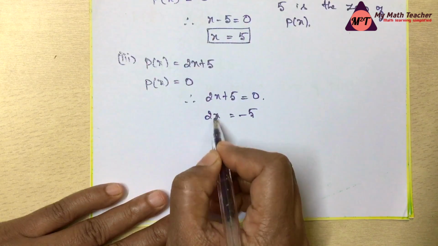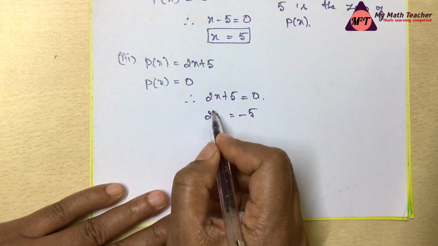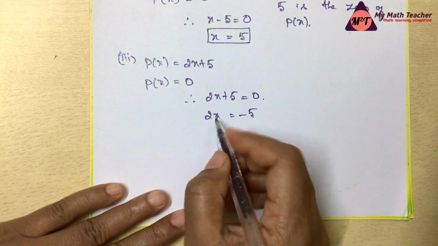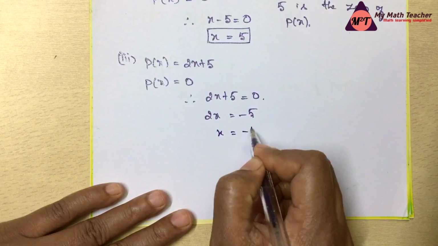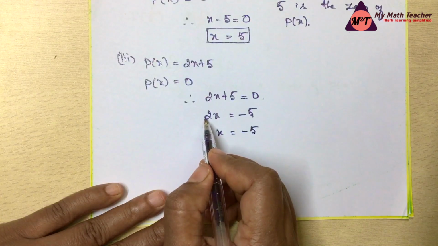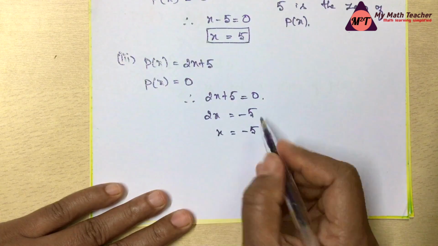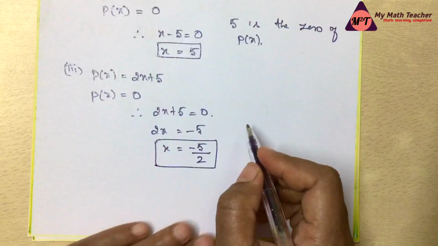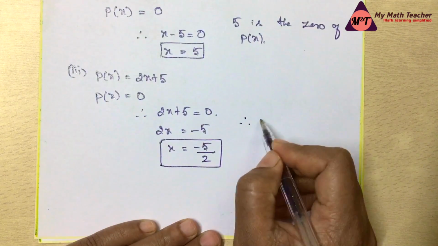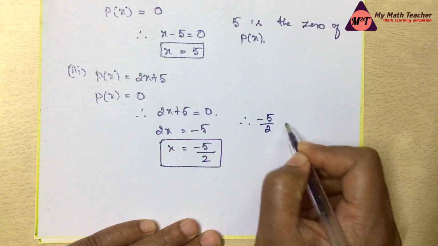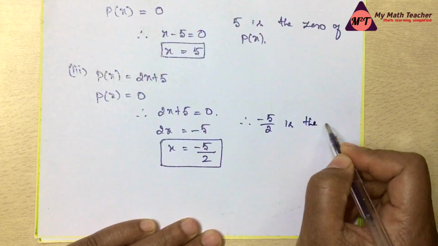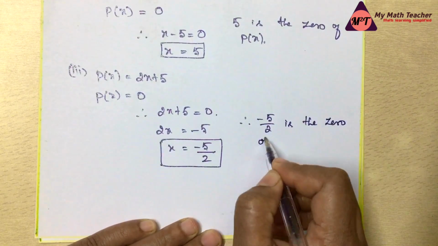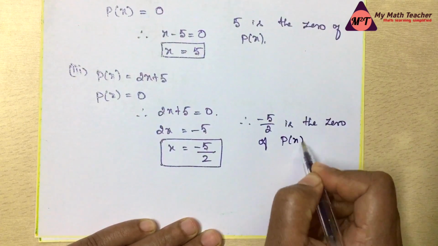If there is no symbol given, it is a product, which is multiplication. Now, 2x is equal to minus 5. Transpose this number, so multiplication becomes division. x is equal to minus 5 by 2. Therefore, minus 5 by 2 is the zero of P of x.